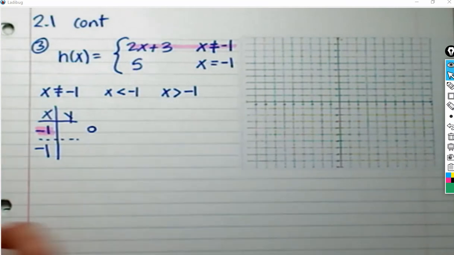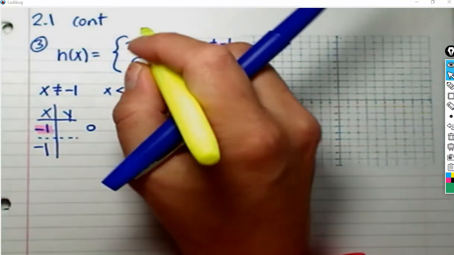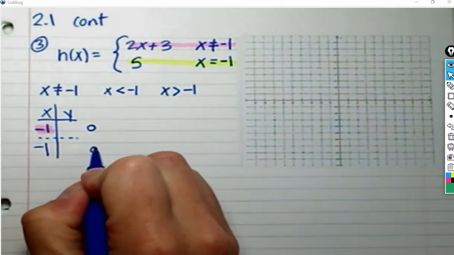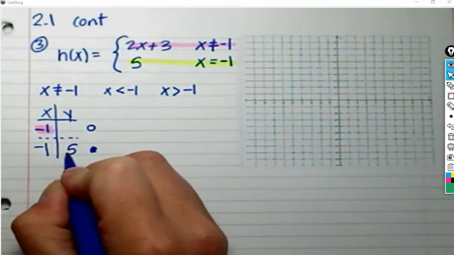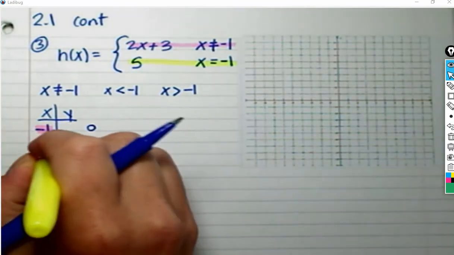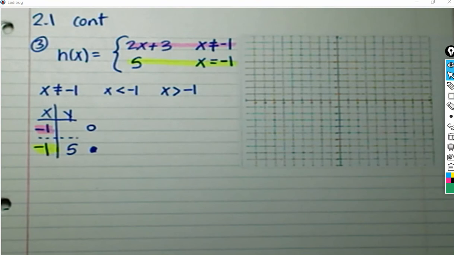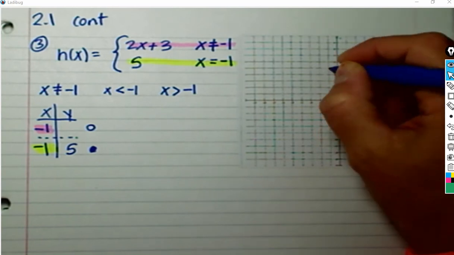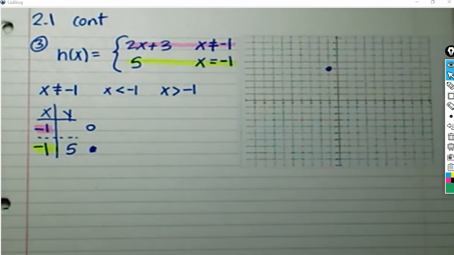And for this second piece here, this is a filled in dot, and the y-coordinate is 5. So that's pretty much all the information I have to go off of. So -1, 5, so that's there.